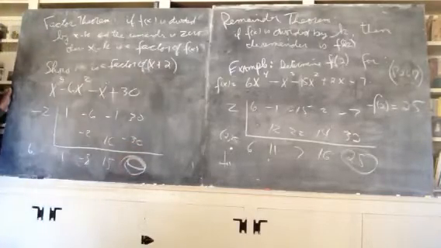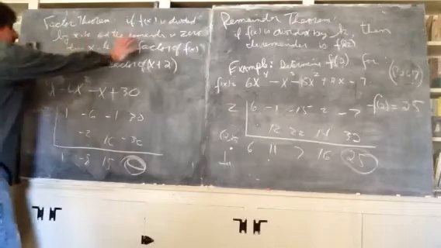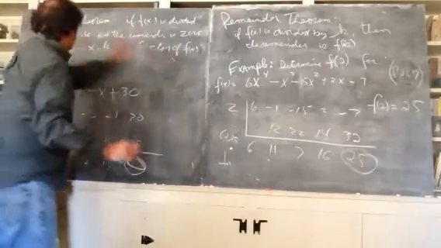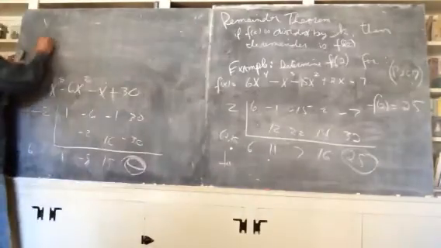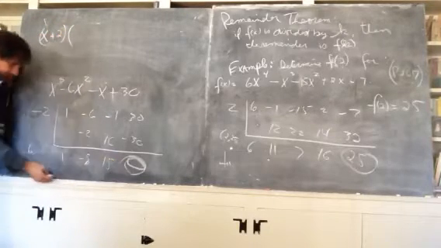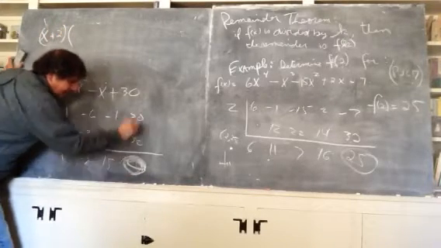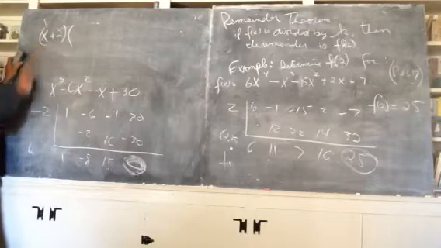I just showed it. You're finished. What this means is the remainder is 0, so x plus 2 is a factor.